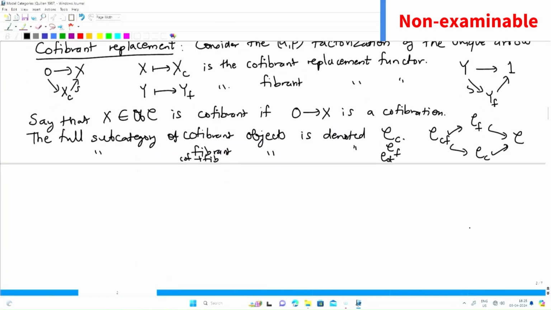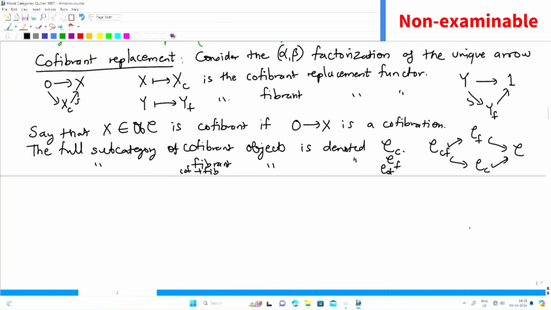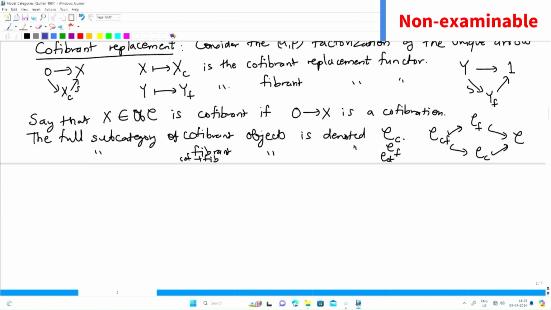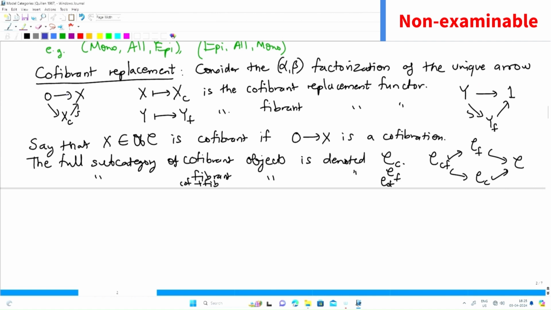Okay, so these are too many things to say. I will write a few things down for you to understand, but ultimately we want to capture the homotopy category, right? So let's look at this version of left homotopy and right homotopy for a bit, and then we'll come back to this. So what will the cofibrant replacement functor do? That's why I started with this whole discussion.